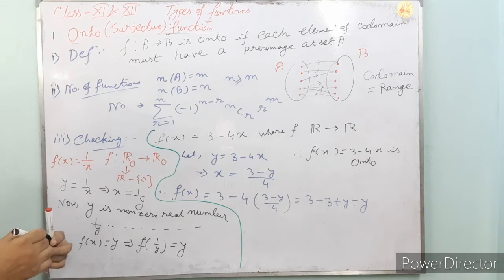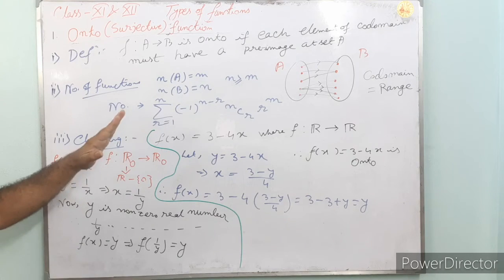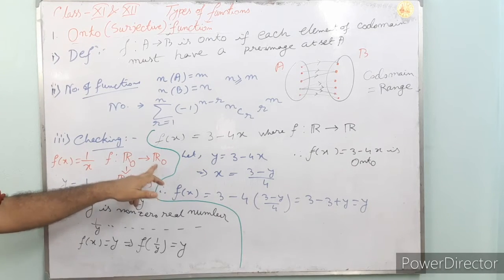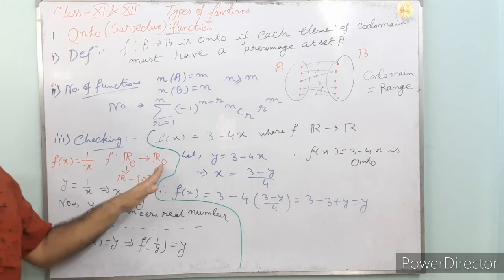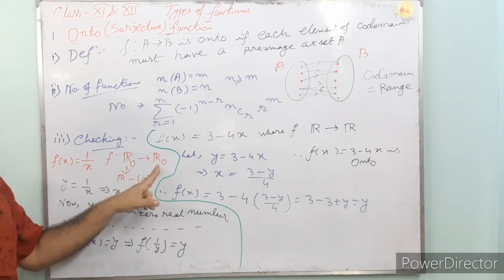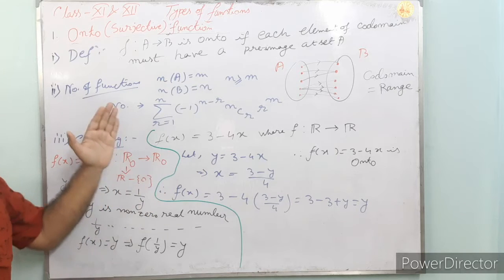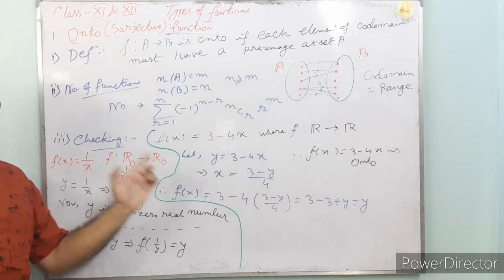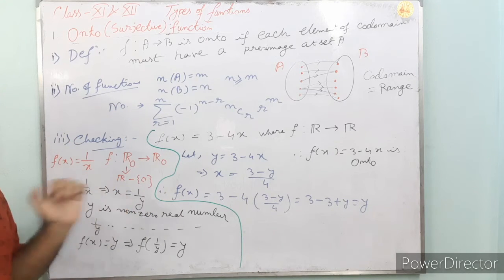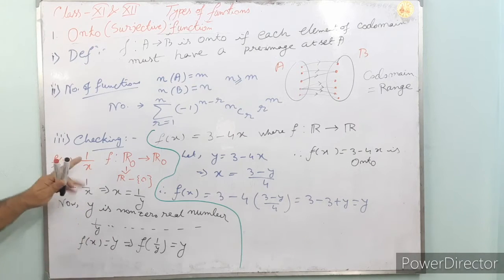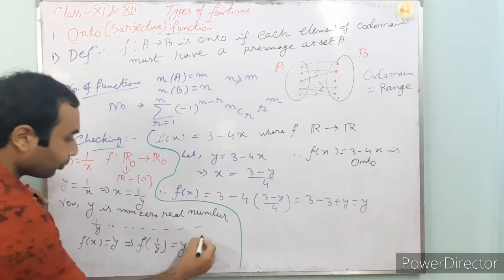That means each and every y in the codomain must have one pre-image at the domain. So that's why we can say this is also onto.